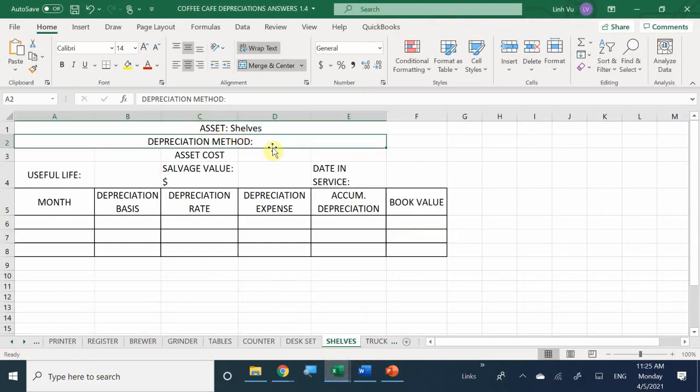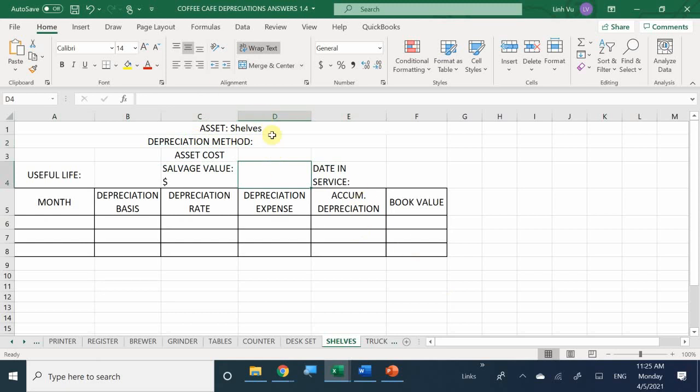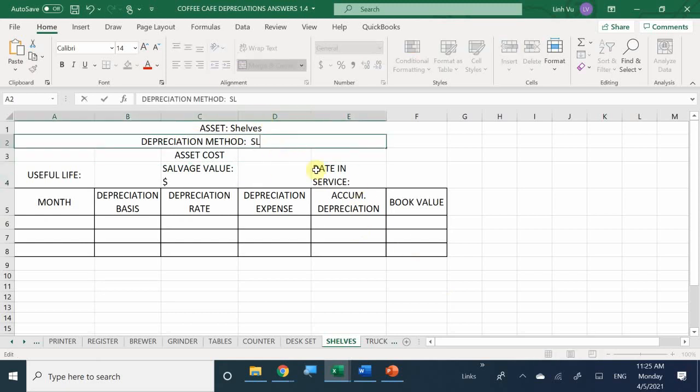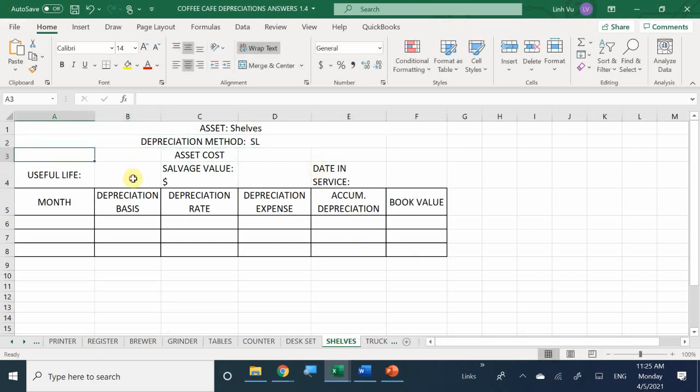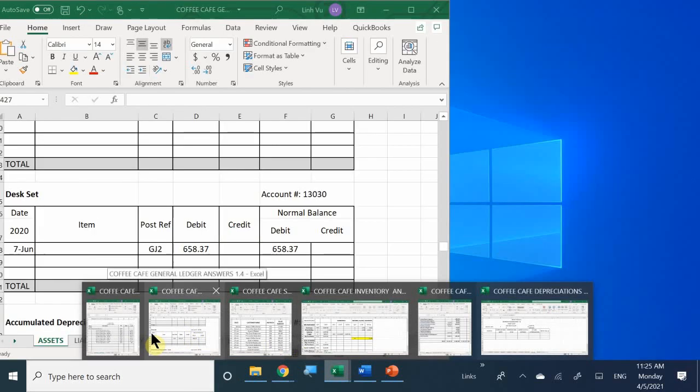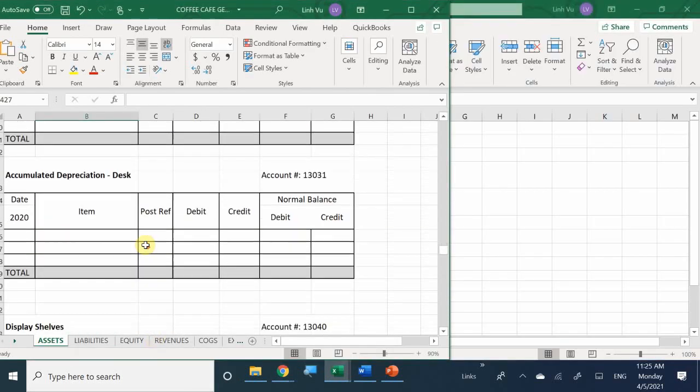Okay. Last but not least, we need to do our shelves. So we're given that it is straight line with 7 years of useful life with no salvage value. So when did we buy these display shelves?